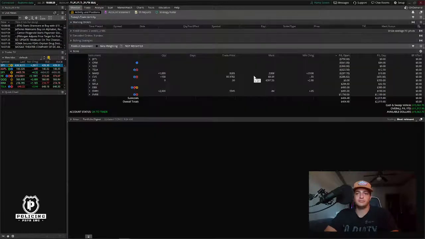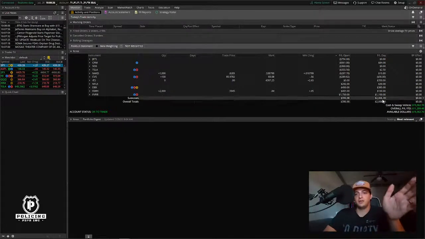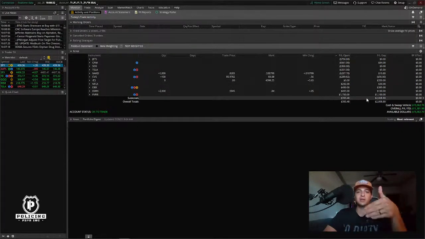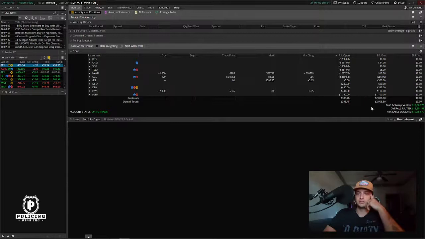Monitor. There you go. Up 2,000 on the day. There's a good chance up until the end of the day it could fluctuate, but at this point, if I'm up 350 on my futures and my options are playing out, there's no reason to give it back. So 350, solid number for the day.